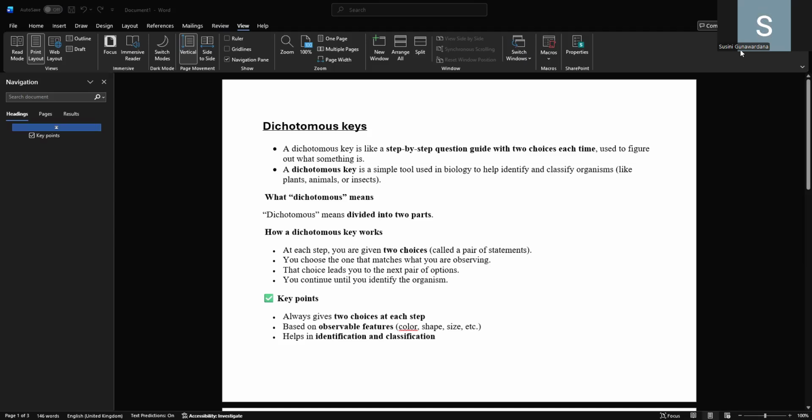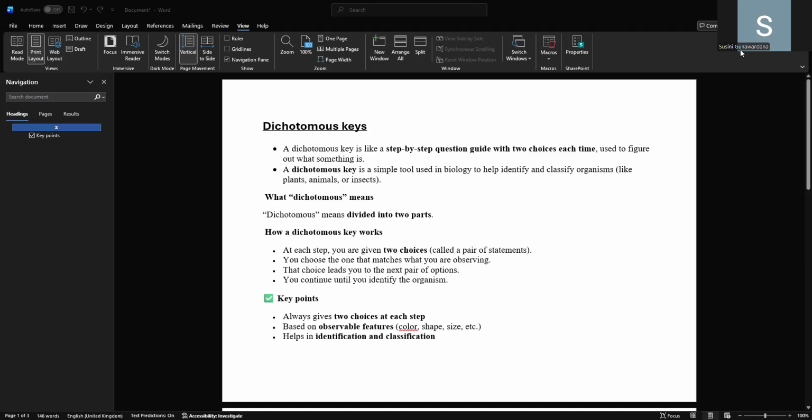Having wings, don't have wings. Having parallel venation, don't have parallel venation, like that. You choose the one that matches what you are observing. That choice leads you to the next pair of options. You continue until you identify the organism, right?